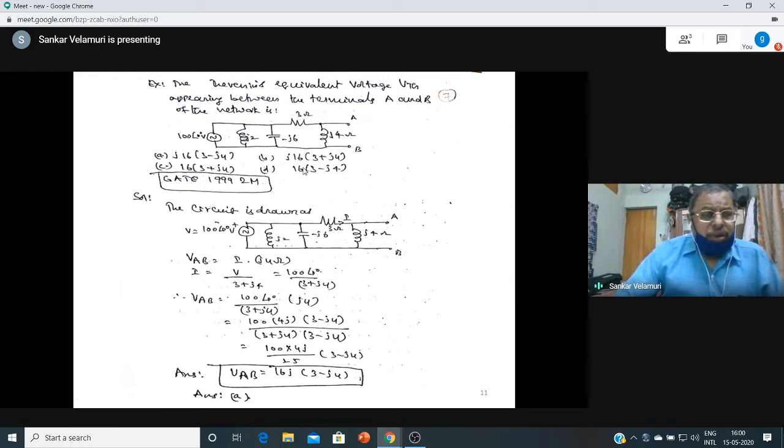I found more in Norton's and Thevenin's theorem in GATE examinations, but they are all typical. Even for Norton's theorem you need a Thevenin's equivalent impedance. Even for the maximum power transfer theorem you need a Thevenin's equivalent impedance. Anyway, you see the tough problem. I have selected a tough problem here in that sense.